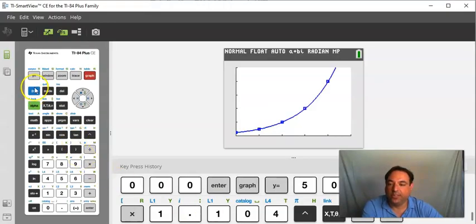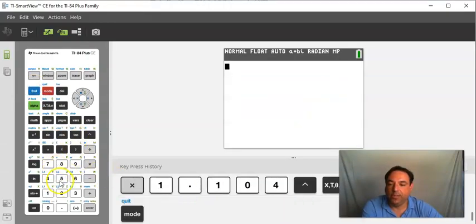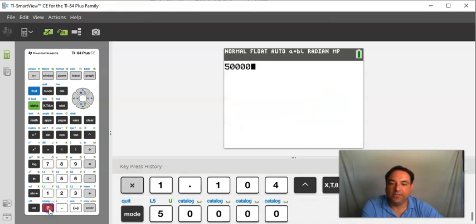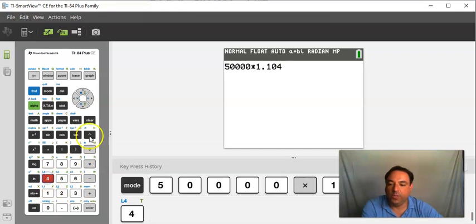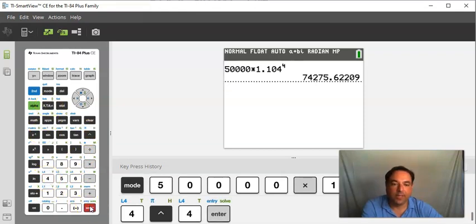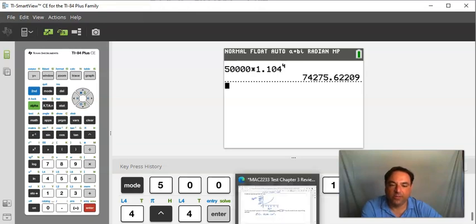I can put second mode, go to the home screen, 50,000 times 1.104 raised to the 4, and I would get the total population of 74,276, if we round off.